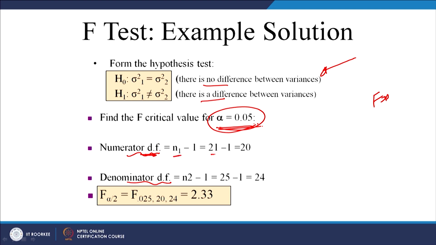Sample 1 is of size 21, so 20 numerator degrees of freedom, and sample 2 is the denominator degrees of freedom. n2 is 25, so 25 minus 1 is 24. So, what we want to find out is the F value at 20 degrees of freedom of numerator and 24 degrees of freedom of denominator, right. So, 20 and 24.